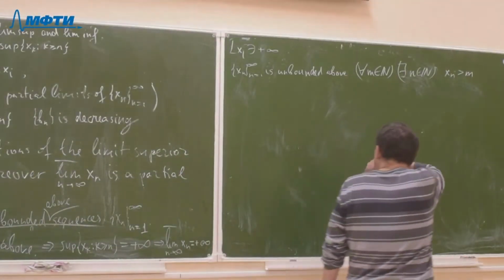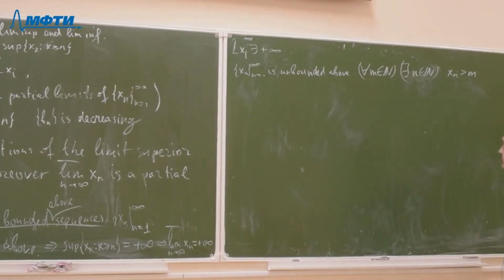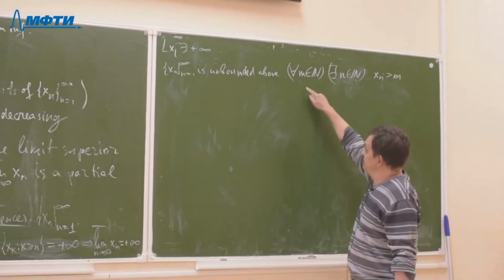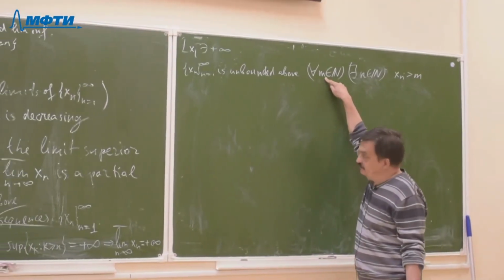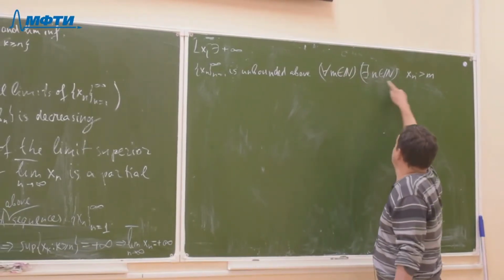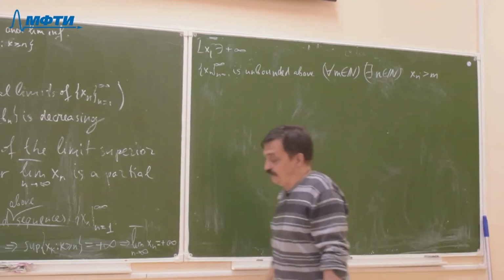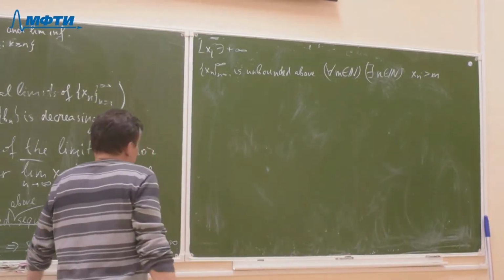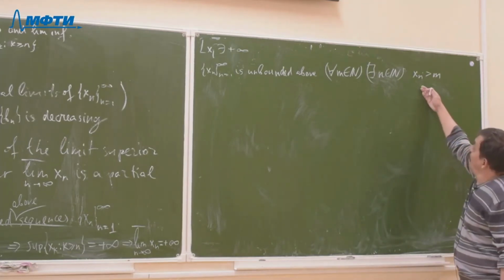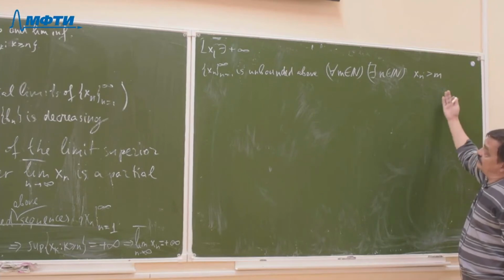So now, look, that is the definition of unboundedness. It means once we try to find a candidate for an upper bound, it is not an upper bound, so there is something which is greater than this upper bound. Now we may construct a sequence.